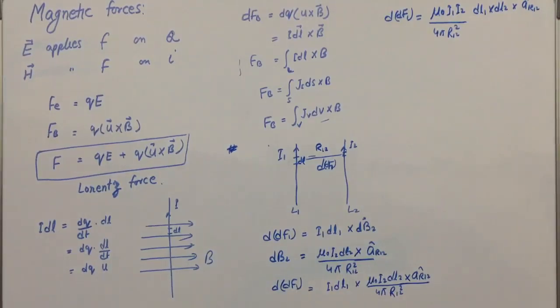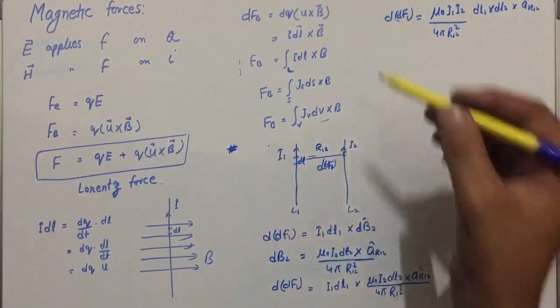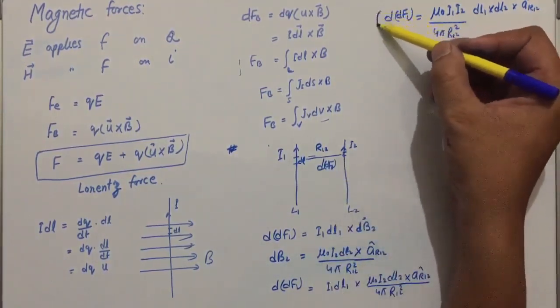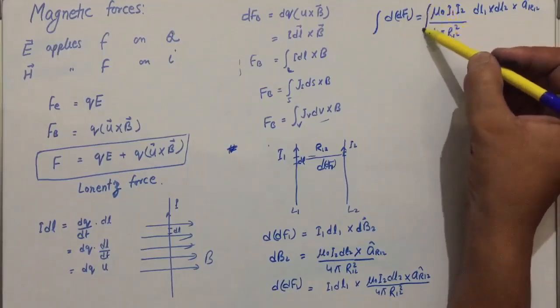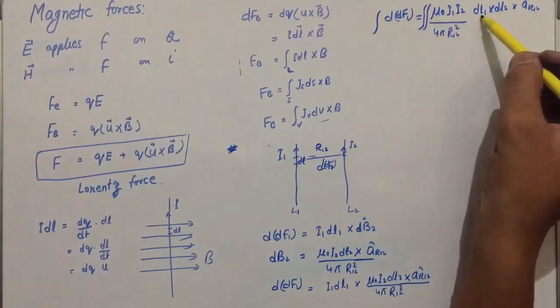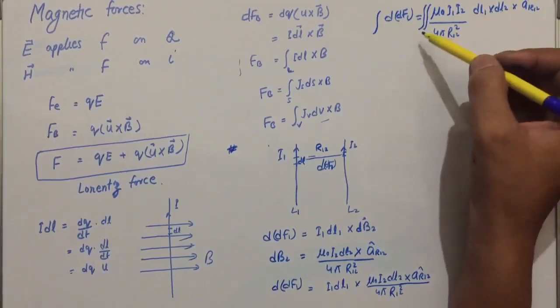If we wish to find the total force acting on this current carrying conductor from the other current carrying conductor, we should integrate this for the full lengths L1 and L2.